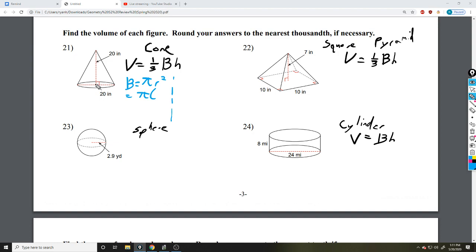Well, our radius, don't forget, this is where we left off yesterday, it starts halfway across and works its way across. So pi times our radius here is halfway across, which is 10 squared. So that's 100 pi.